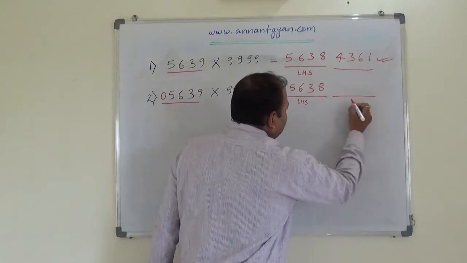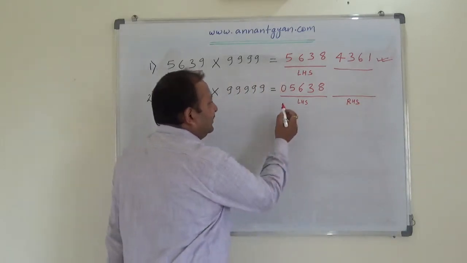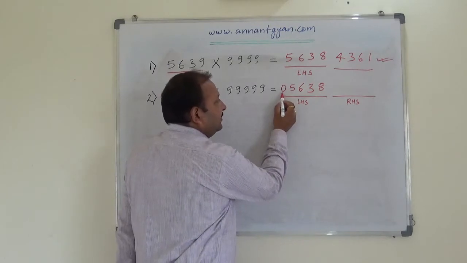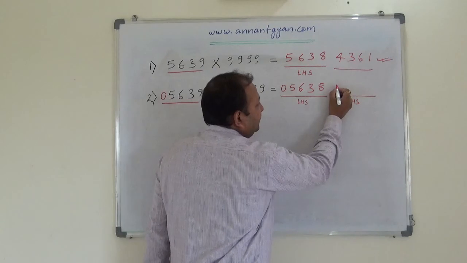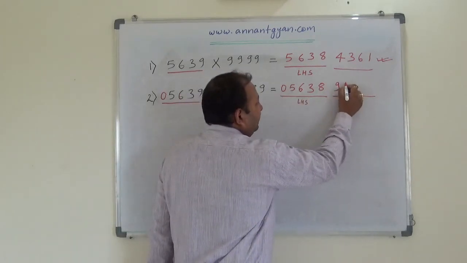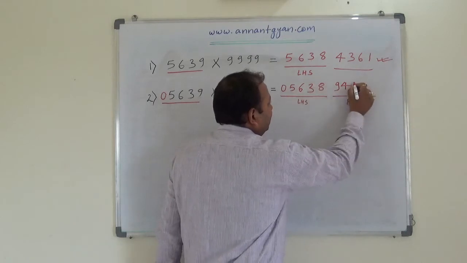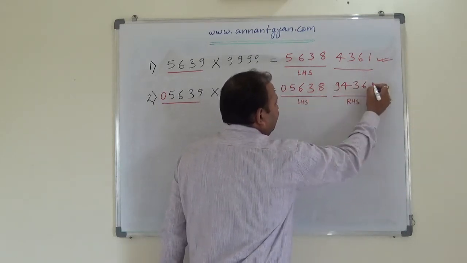Then what is the RHS? We shall subtract the individual digits of this number from 9. So 9 minus 0 is 9, 9 minus 5 is 4, 9 minus 6 is 3, 9 minus 3 is 6, 9 minus 8 is 1.